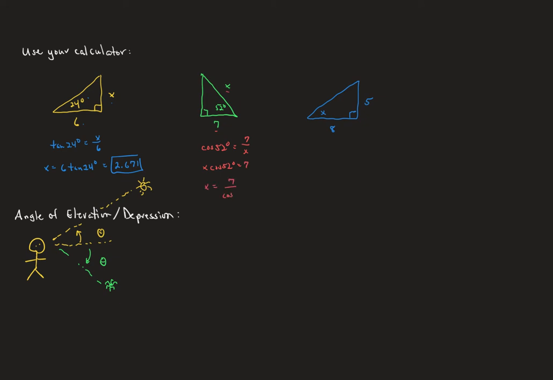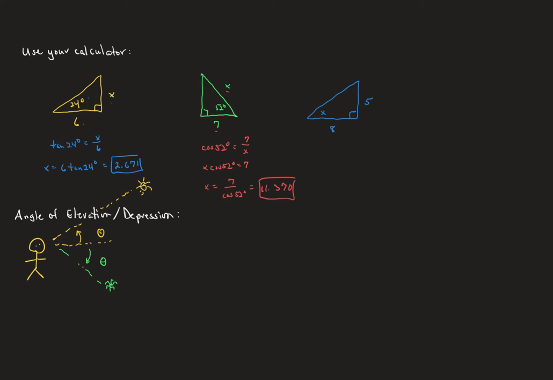So to figure out what side length x is, we take 7 divided by the cosine of 52 degrees, and to 3 decimal places I'm getting 11.370, and so that is our value of x.